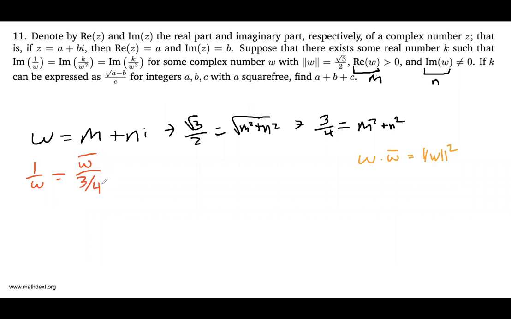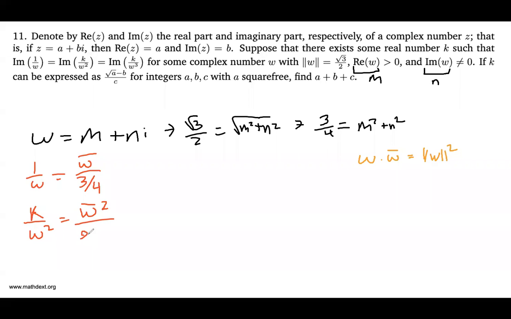Okay. Then we look at k over w squared. Once again, by direct application of this, this is equal to k times w bar squared over magnitude of w to the power of 4. The magnitude of w is root 3 over 2, and if you take the fourth power of that, you get 9 over 16.